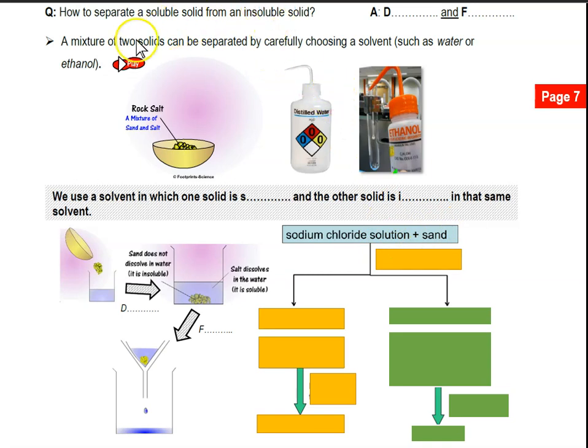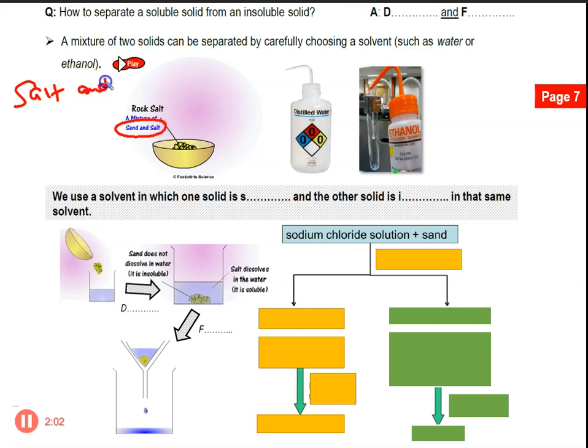There is a question here that says, how do you separate a soluble solid from an insoluble solid? For example, we talk about salt and sand. So let's say we talk about salt and we talk about sand over here.